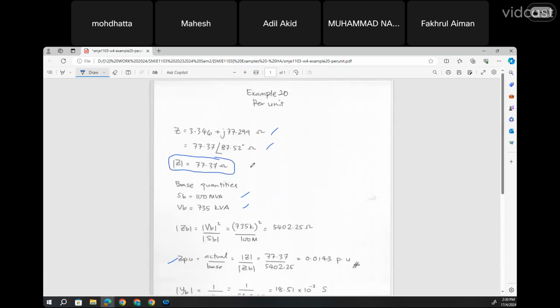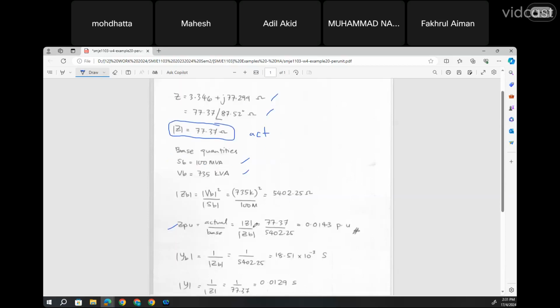This is actually the actual value of your impedance. In order to get to our per unit value, we need to understand that the per unit value comes from actual divided by base. So here, you need to find the base value of your impedance.